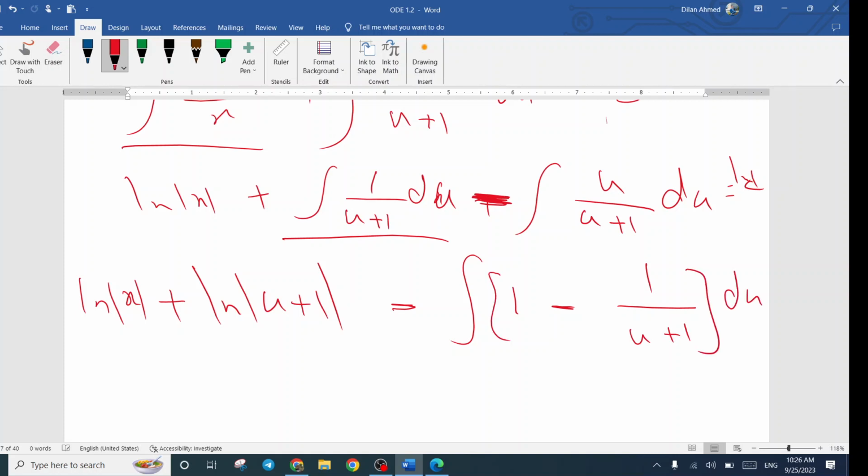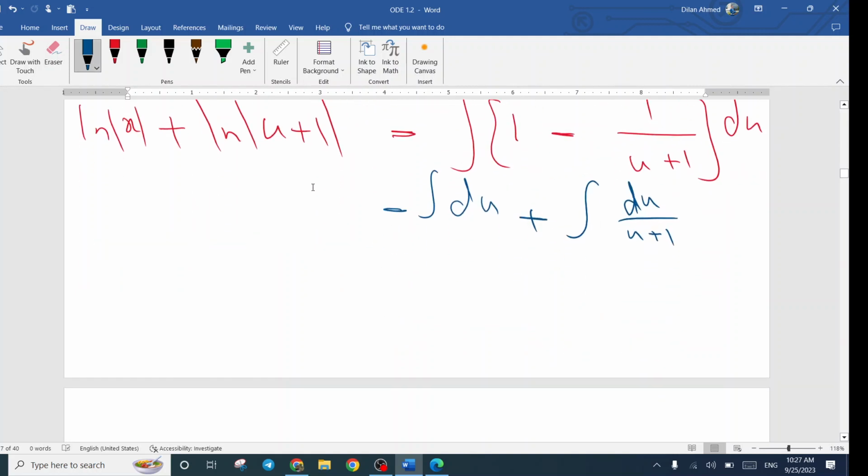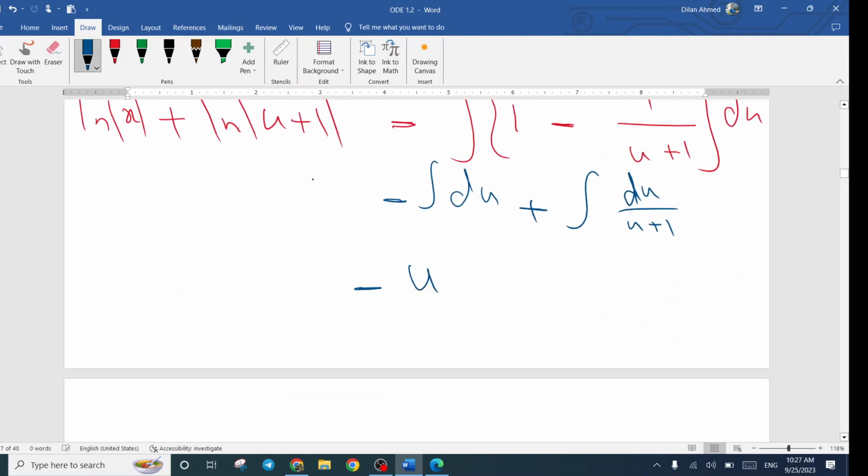Then we separate this integral to du, then we solve that one, we got minus u equal to c, ln of c. You know what's ln of c, the other side. u plus ln of u plus 1.